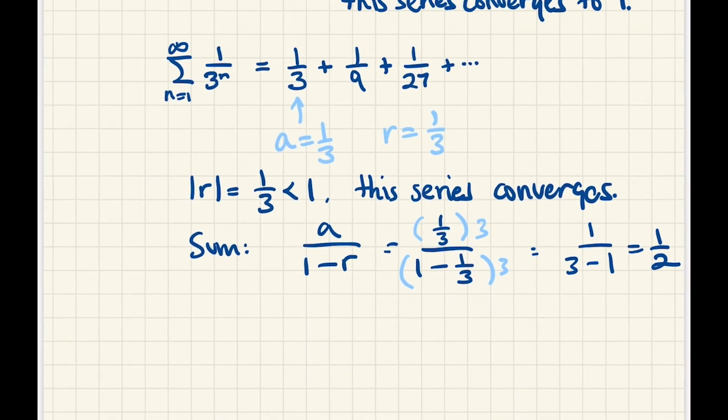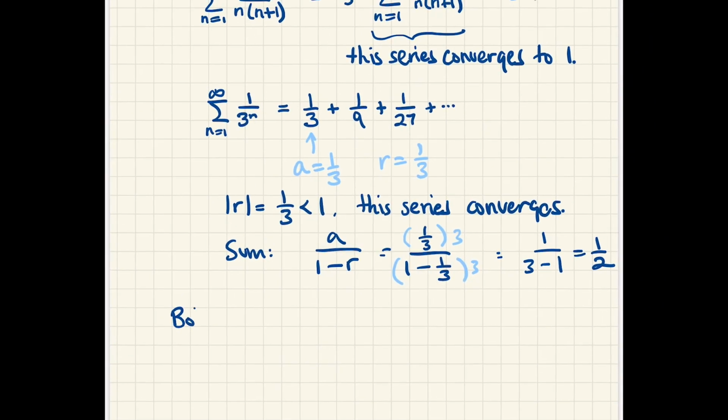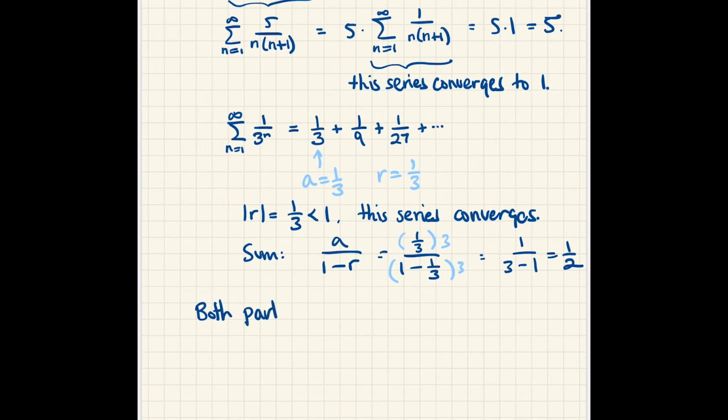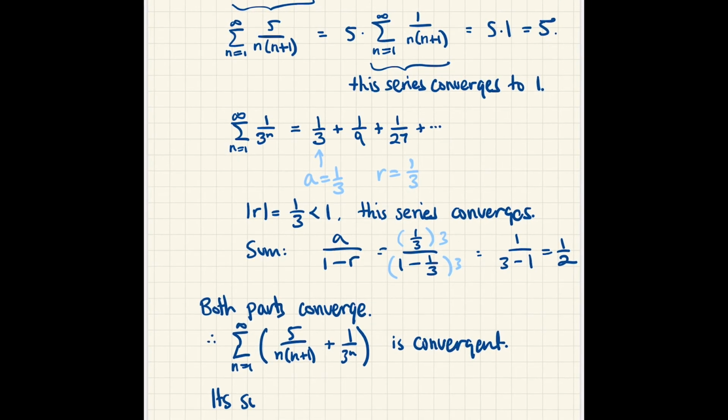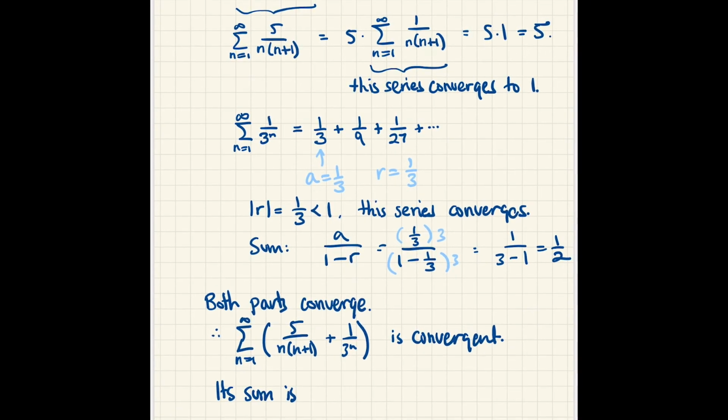So we can now say that both parts converge, and therefore this series here is convergent. And its sum is just going to be the sum of the other two series' sums added together. So that's going to be 5 plus 1/2. Well, that's 11 over 2.